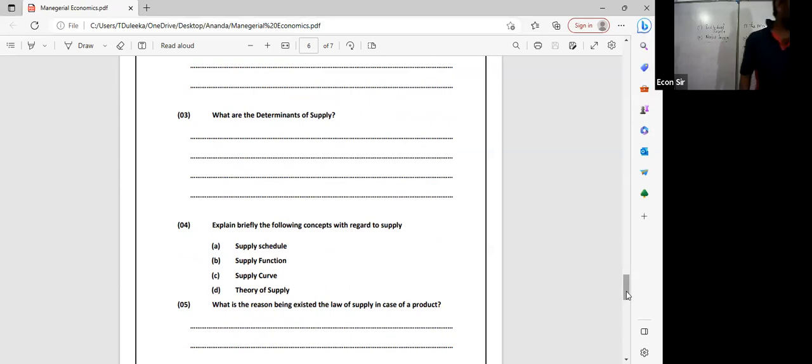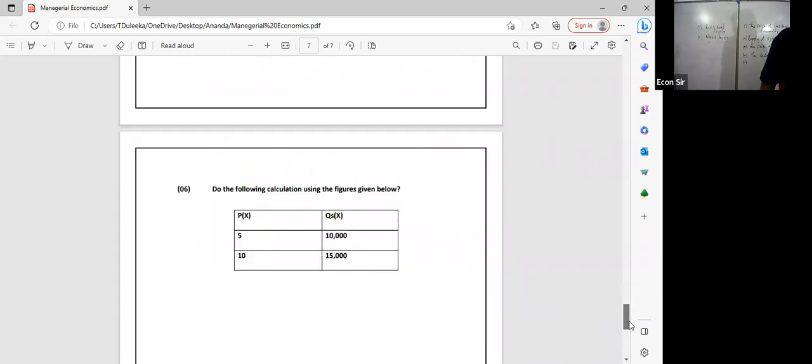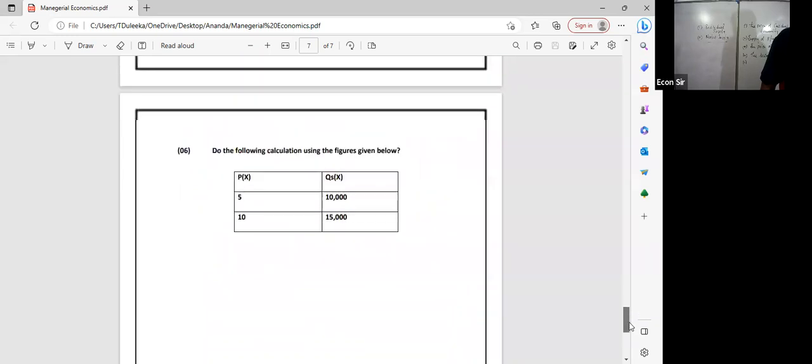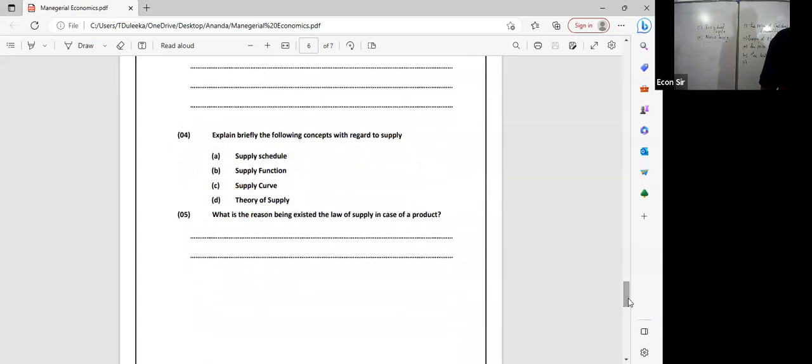Explain briefly the following concept with regard to supply. What do you mean by supply schedule?